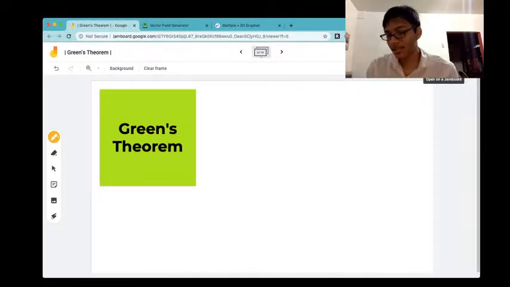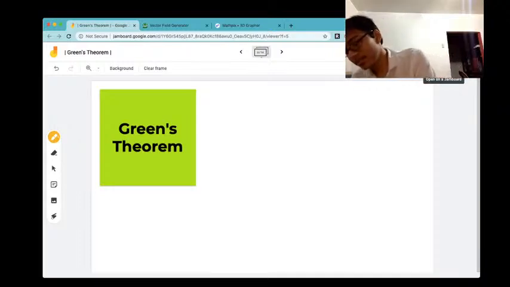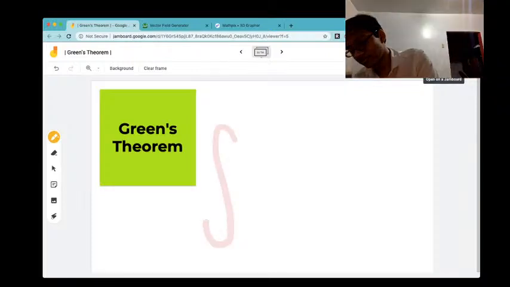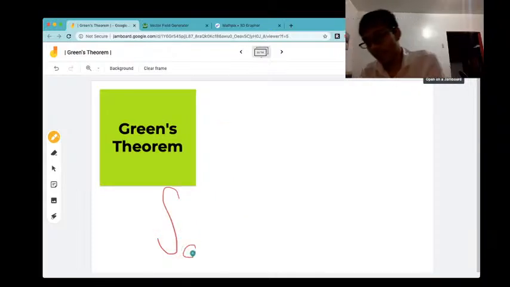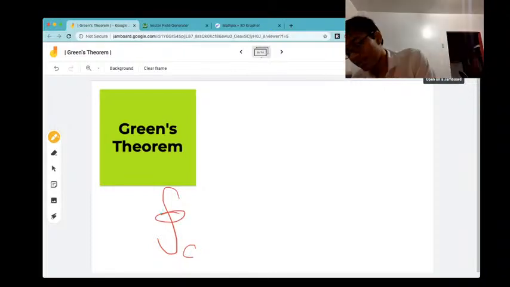Green's theorem says this. Let me write it down. Green's theorem says the line integral over a specific curve, and that curve must be closed, right?